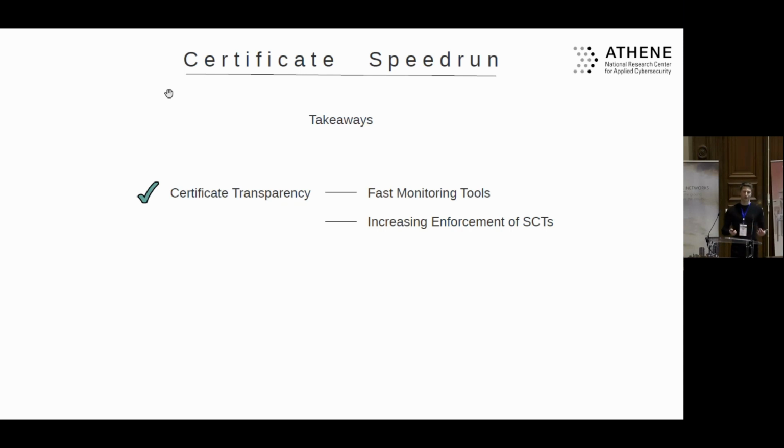And from our data, we see that there's an increased enforcement of checking of these SCTs, so an increased enforcement of CT. So that's very promising. And from what we gather, administrative revocation with CAs is also quite fast, considering that it's a manual process. So having that done in a few hours is pretty good.